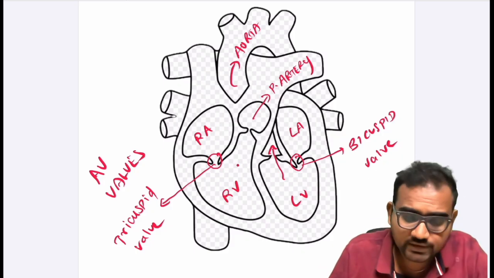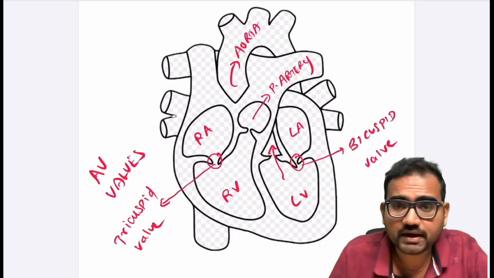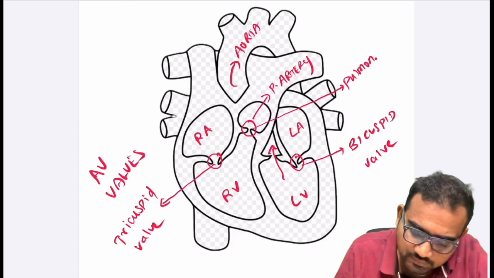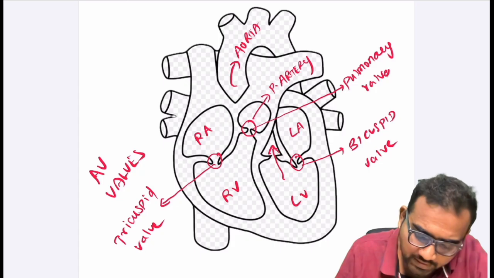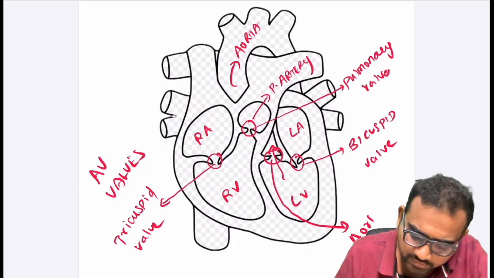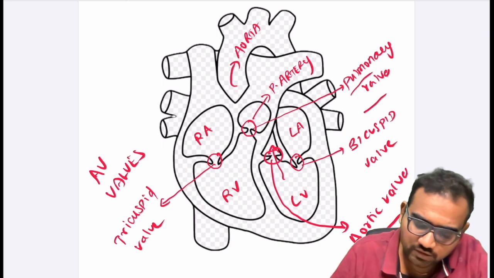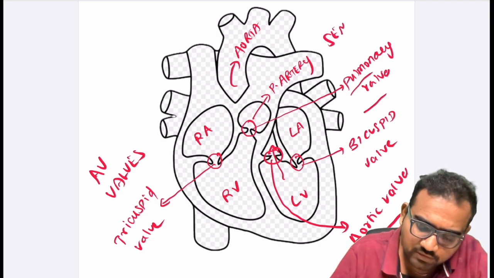So the right ventricle and the pulmonary artery are separated by a valve called the pulmonary valve. And the left ventricle and the aorta are separated by the aortic valve. And these two are called semilunar valves.